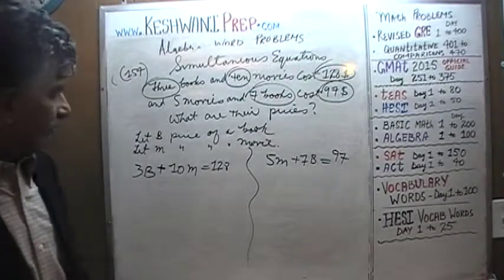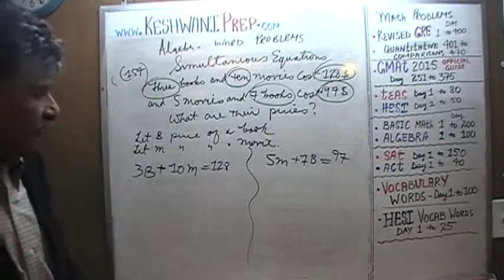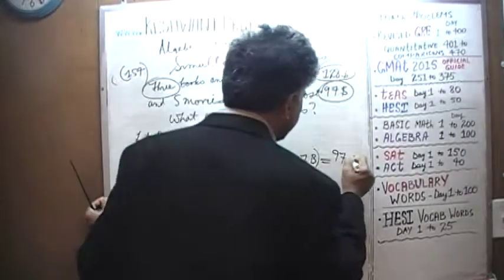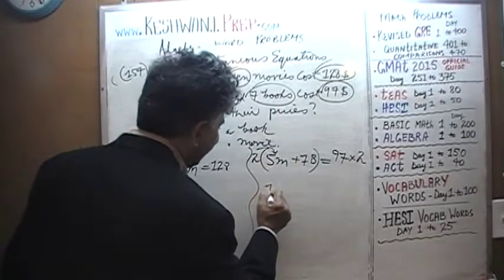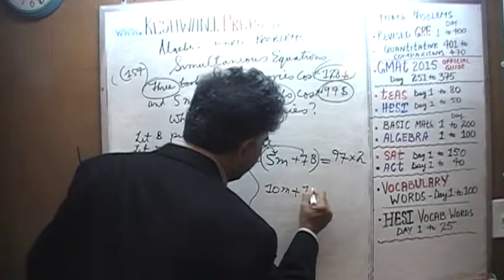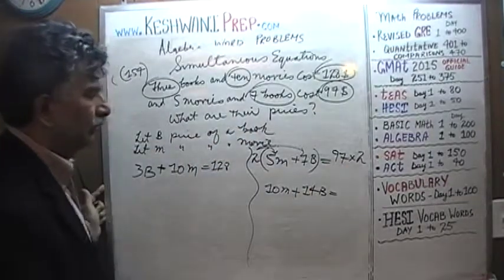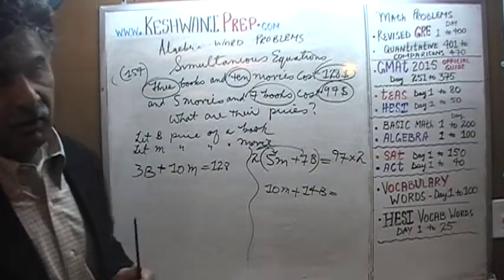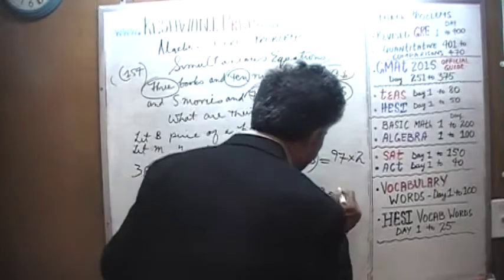What we should notice is that here we have 10m, here we have 5m. Why don't we just take this equation and multiply it by 2? 5 times 2 is 10m, plus 7 times 2 is 14b, equals 97 times 2. 100 times 2 would have been 200, so it's 200 minus 6 because it's 97. 200 minus 6 is 194.